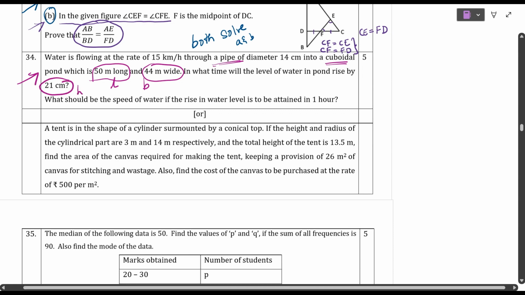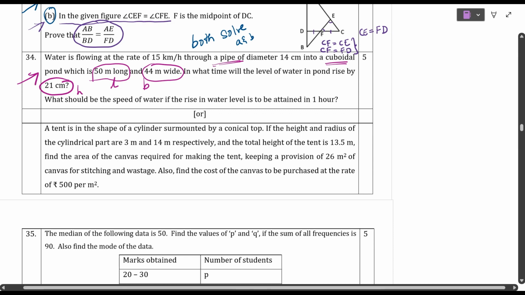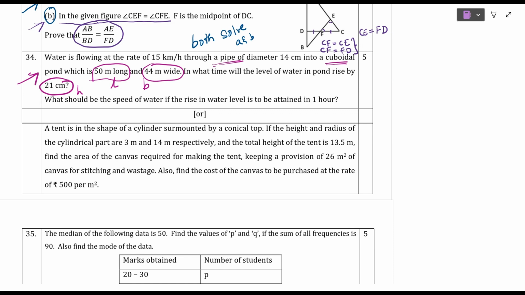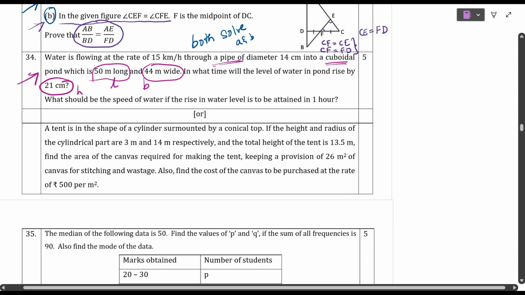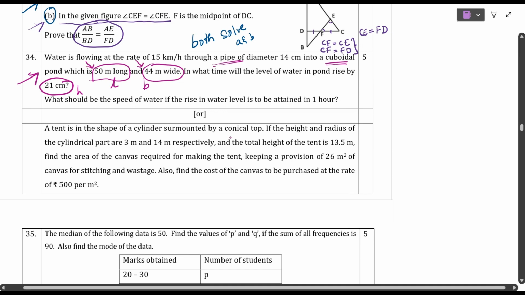Okay. So this is not the total height of the cuboid. Just they are asking what time will the level of water in the pond rise by 21 centimeters. If you observe carefully here, both measurements are given in meters. So height is given in 21 centimeters. So 21 centimeters you have to convert into meters.